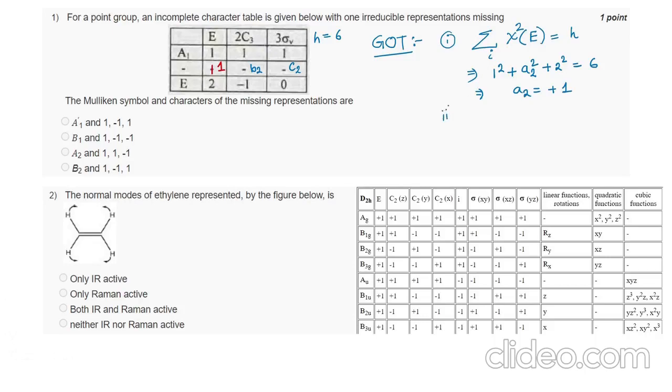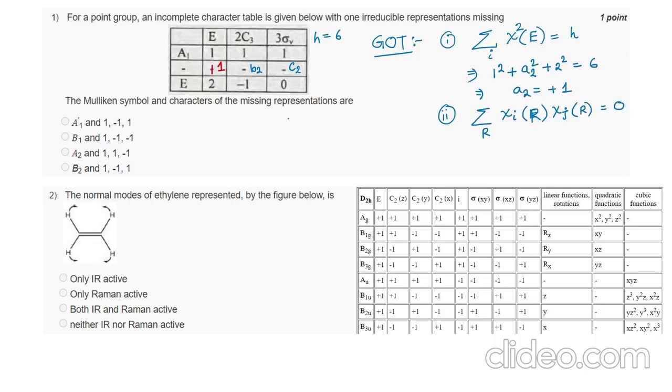So for that we will use the other principle, that is the sum over R of the character of symmetry operation R for the ith irreducible representation, if you multiply with the character of that symmetry operation from a different irreducible representation, you are going to get 0, because they are orthogonal.